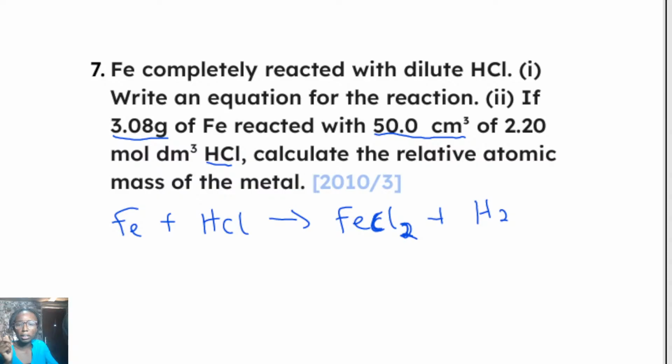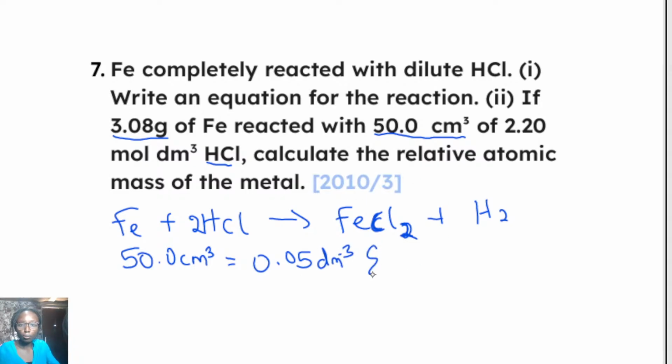What you have to do is balance the equation, which is very straightforward because you can balance here with 2, and I think everywhere is good. So it's balanced. First thing I'm going to do before I start calculating, which you should always do, is change this from cm cube to dm cube. You just multiply that by 1,000, so you have 0.05, in dm cube.